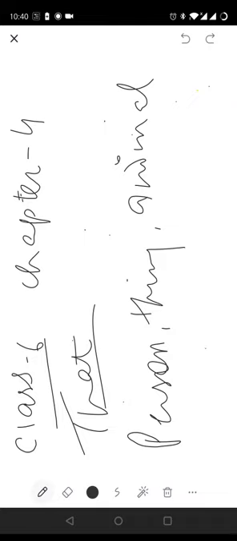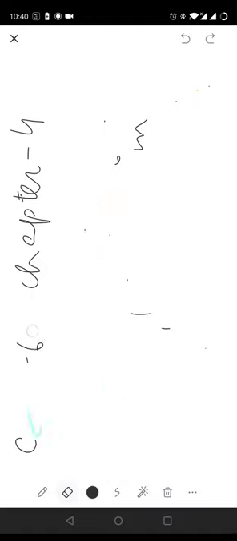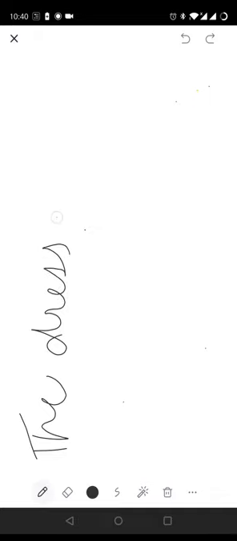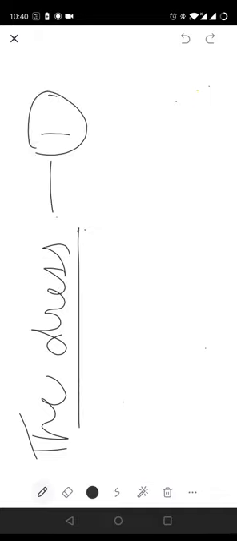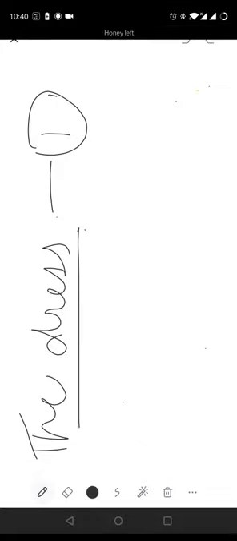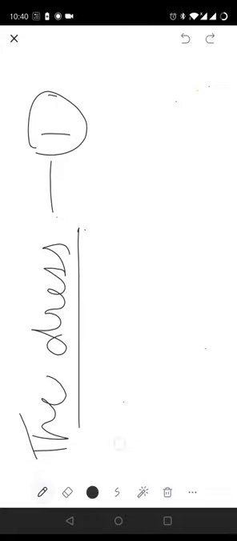For example, the dress. Dress is one sentence. Then the dress.